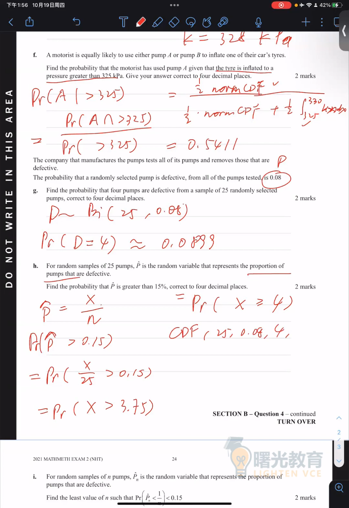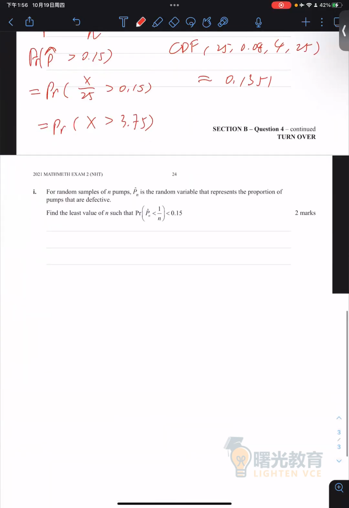It's finite. Among these 25 samples, the maximum you can have is 25 defective. So 25. And after that, press enter, and find out the answer 0.1351. That's it.